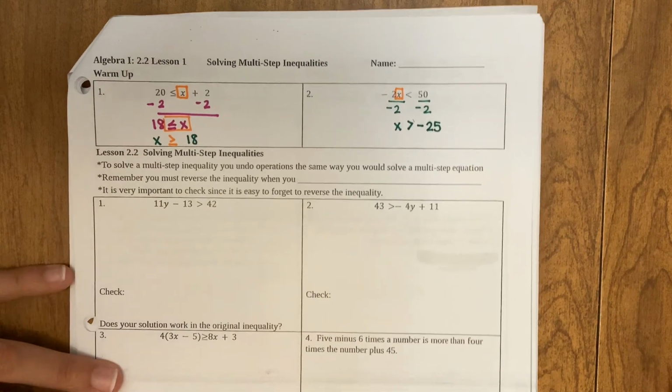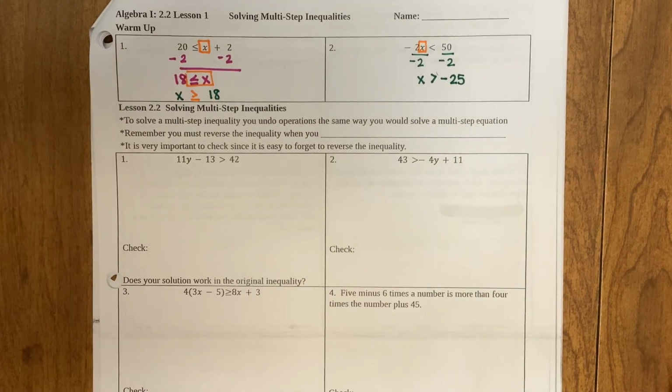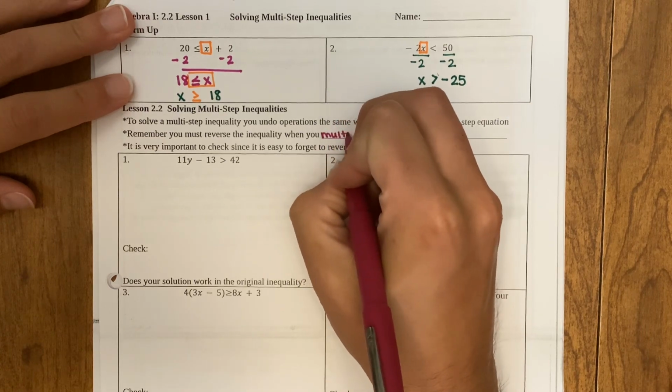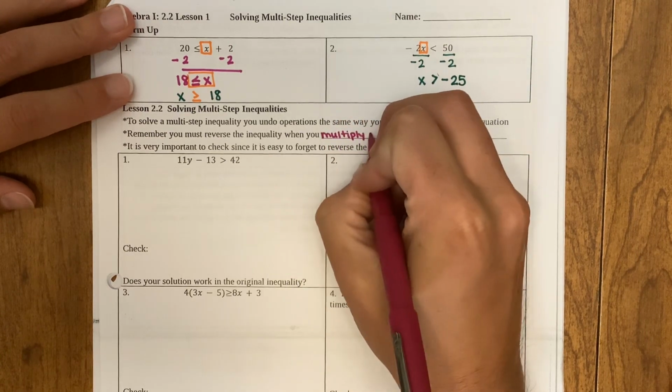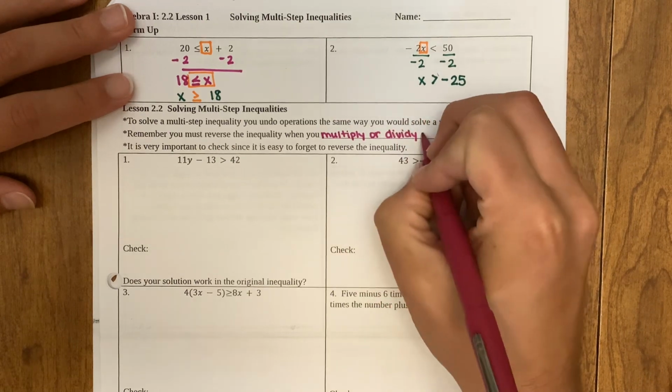So we're going to continue with solving these multi-step inequalities. It says to solve multi-step inequalities, you undo operations the same way you would to solve multi-step equations. Remember, you must reverse the inequality sign when you multiply or divide by a negative.